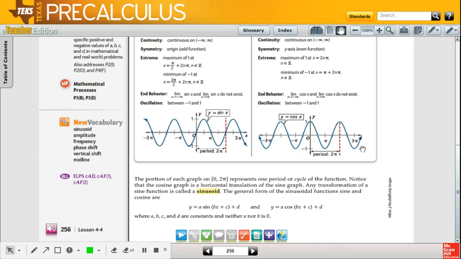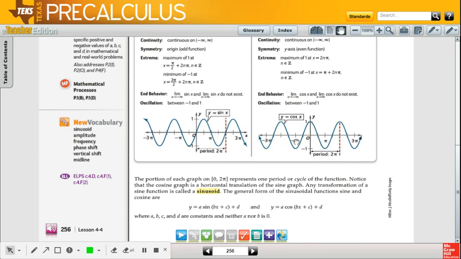When we're talking about transformation, it will be in radians, not degrees. So the portion of each graph on 0 to 2π represents one period or cycle of the function. Notice that the cosine graph, the one on the right, is a horizontal translation of the sine graph.